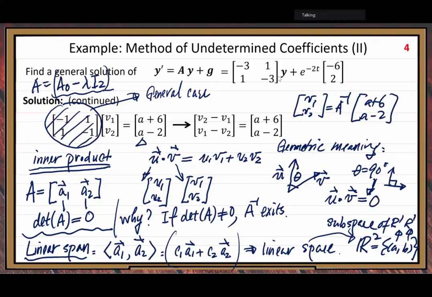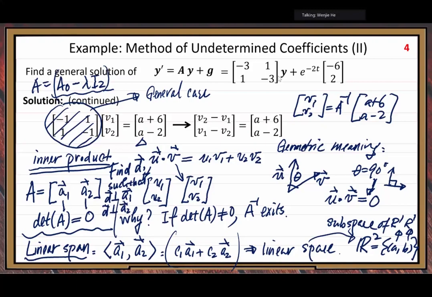Now you find one vector, let me call it the D vector, such that the D vector is perpendicular to the A1 vector, and the D vector is also perpendicular to the A2 vector.